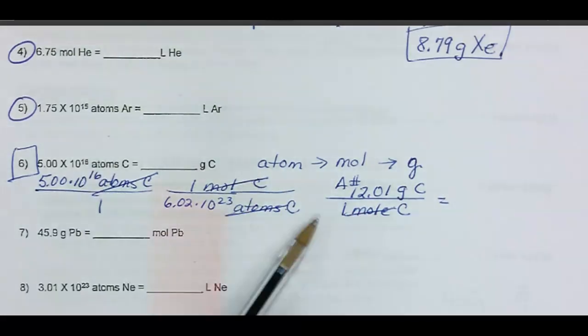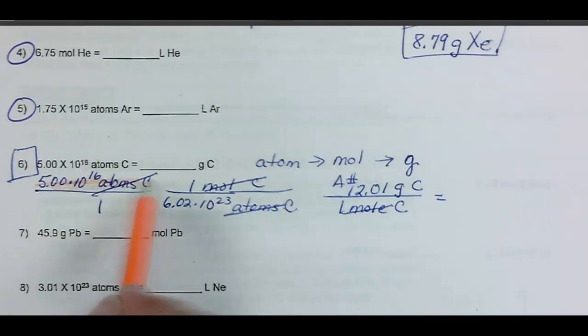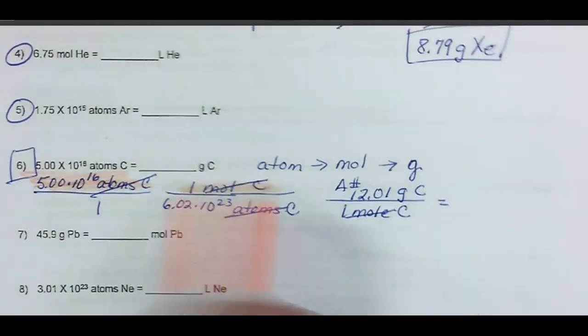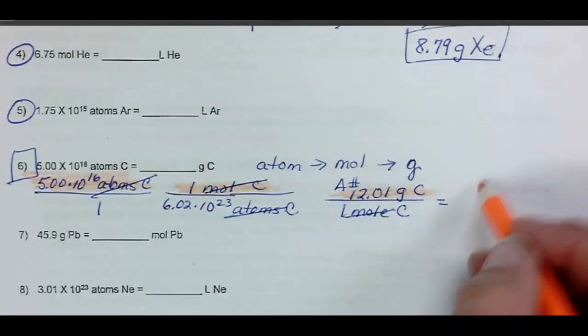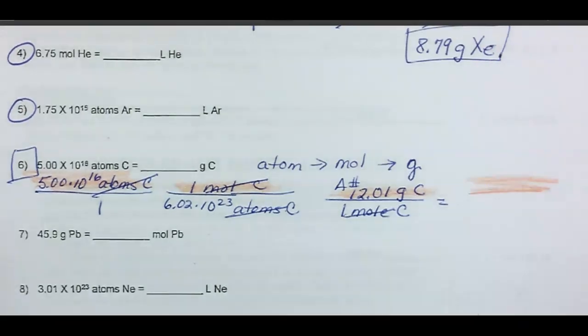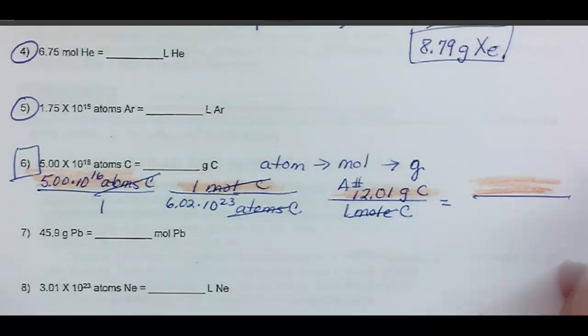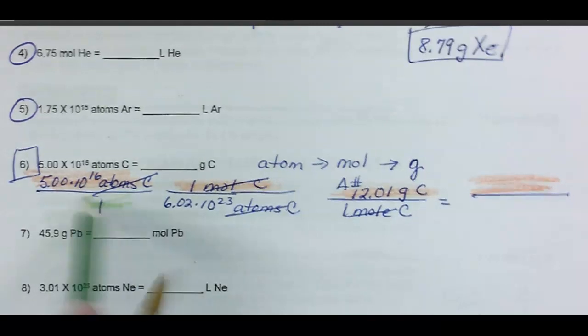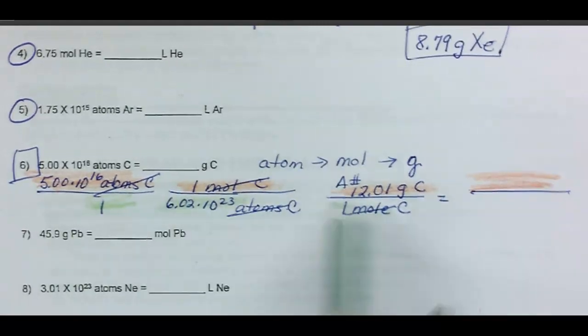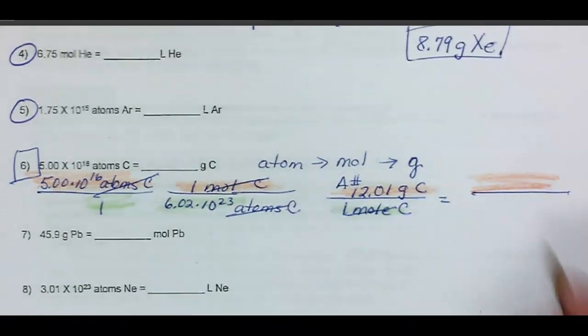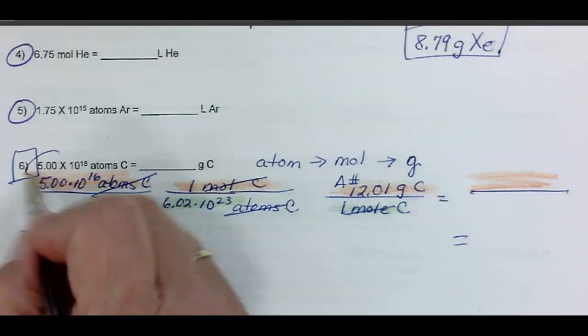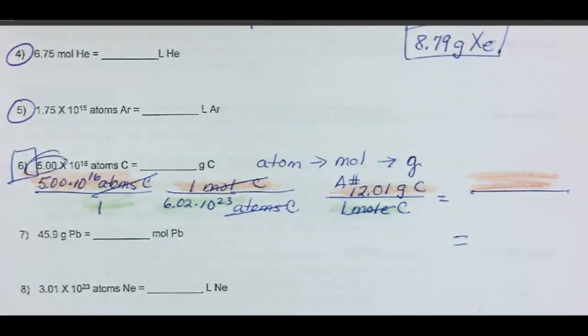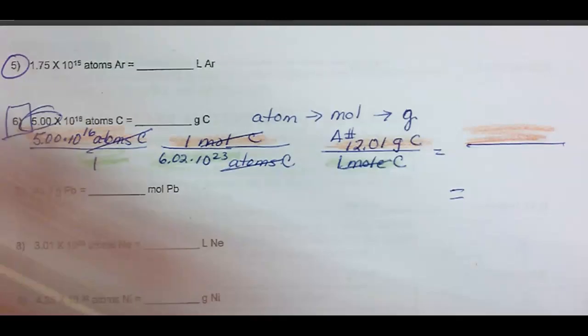When you do this problem, you need to multiply across the numerator and get that value, then multiply across the denominator, get that value, and divide them out, and you're going to have 3 significant digits when you're done. Go ahead and work those out and see what you get.